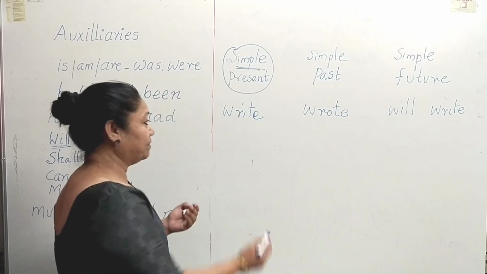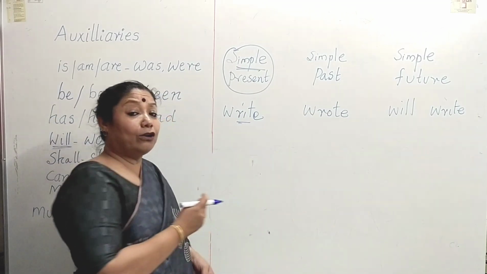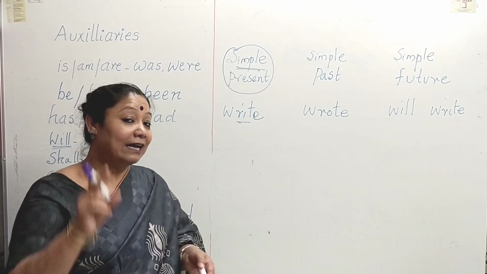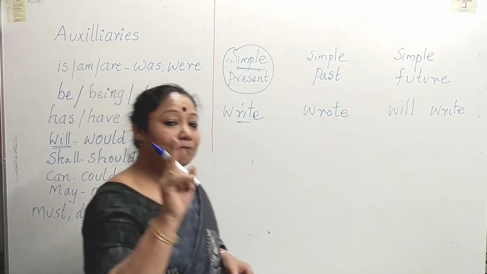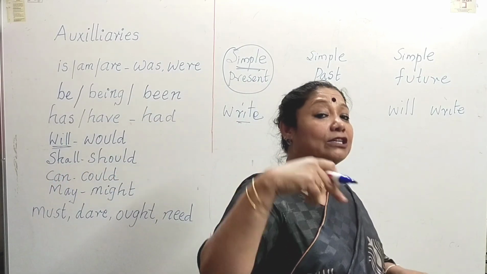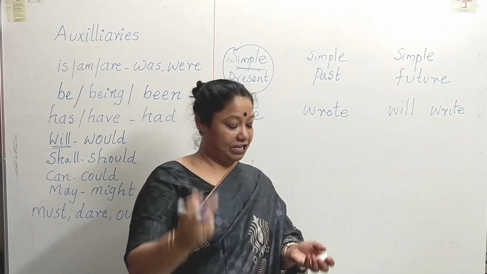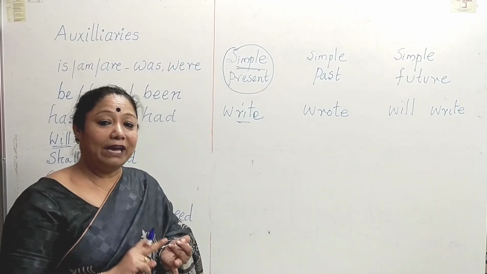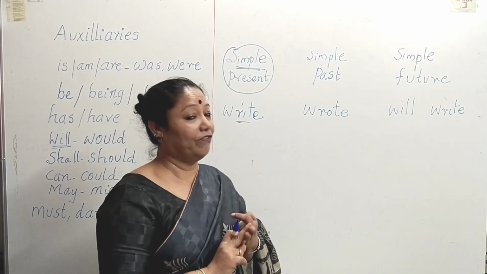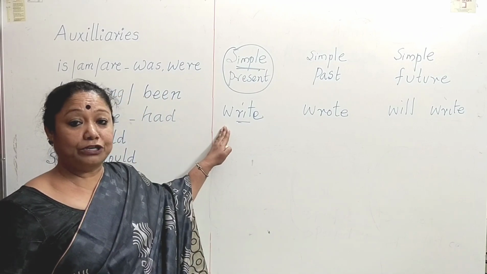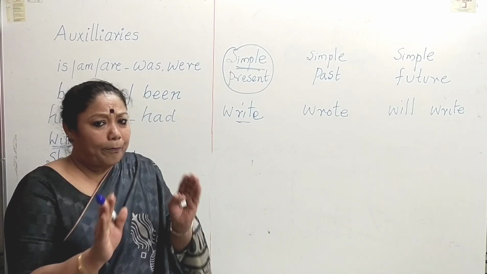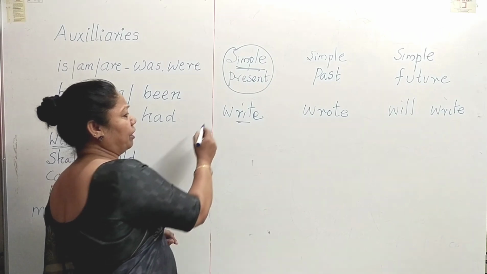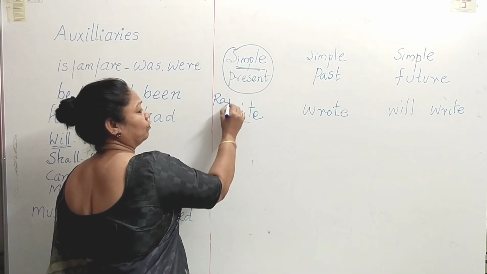Now take the subject. Somebody has to be there to do the action, the work. That is called the subject. I told you, the person who does the work is the subject. It can be a human being, an animal, or a non-living thing. So I would like to put a subject person, a proper noun, here: Raju.